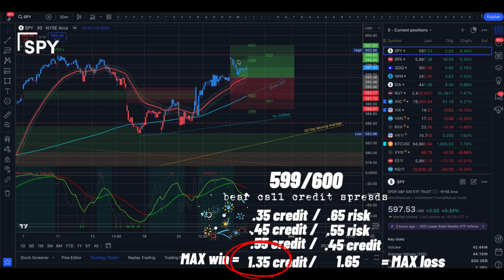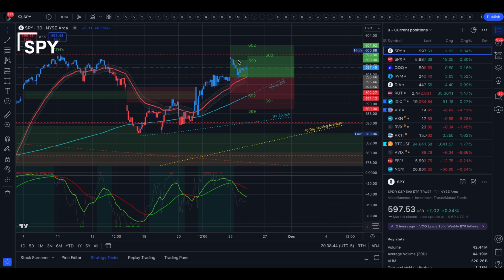We don't always close within the implied move. Sometimes we close above it, sometimes we close right in between, which you'll see today in IWM, where we closed right in between, which was a break even. But today, if you had 600, 601 bear call spreads, that was a little bit of a safer play.